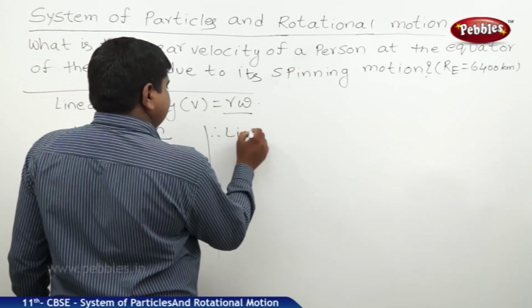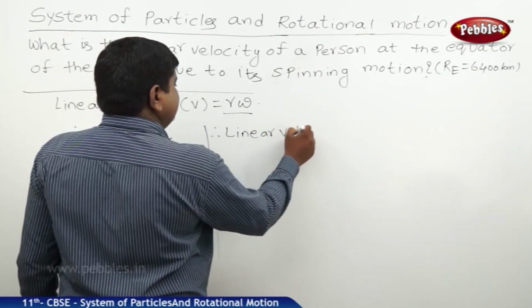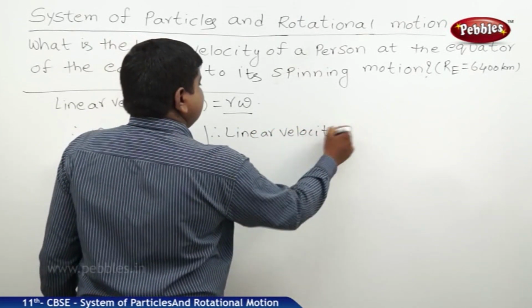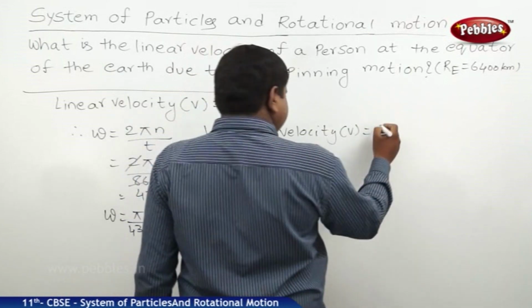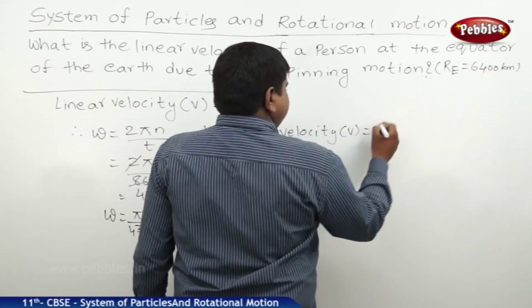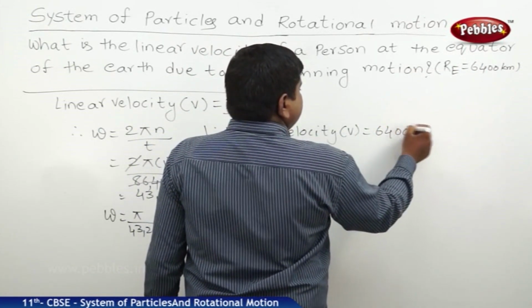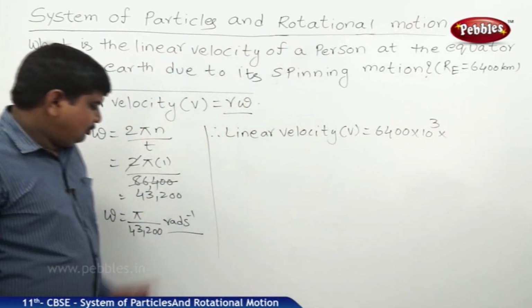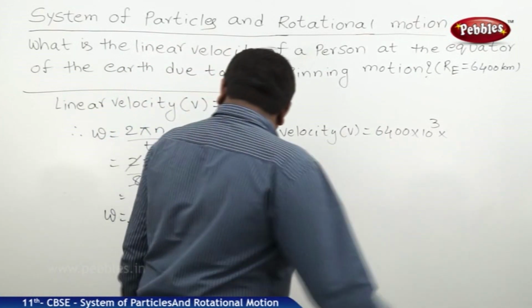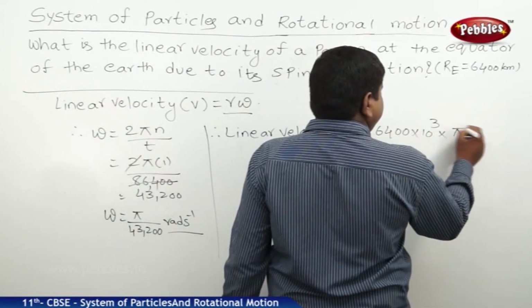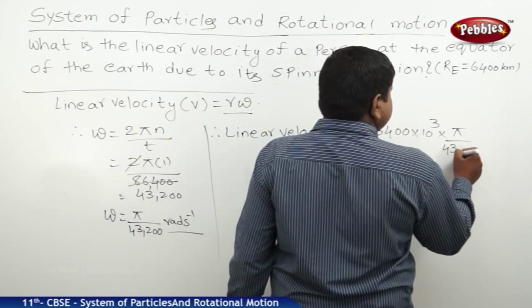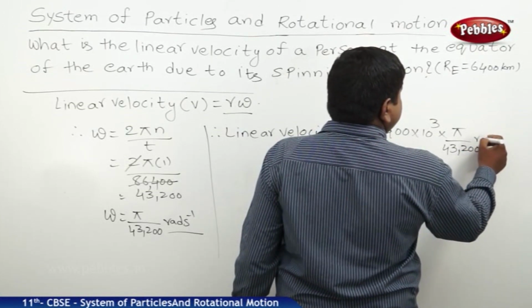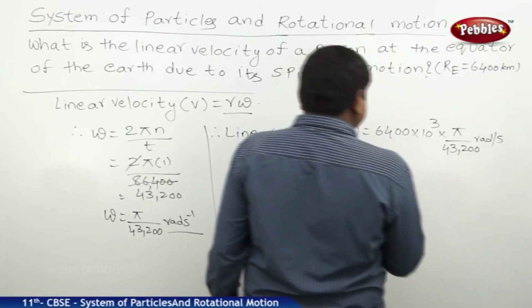Therefore, linear velocity V is equal to the radius of earth, 6,400 kilometers into 10 cube, into omega, pi by 43,200 radians per second.